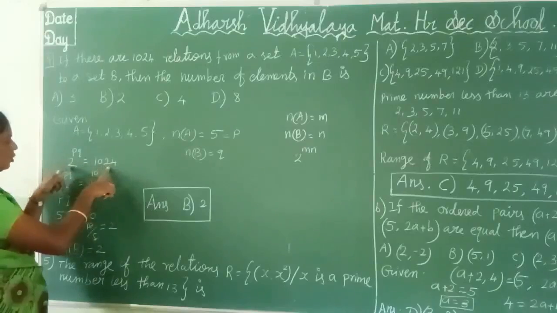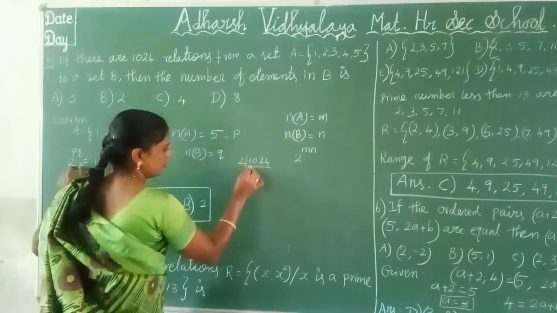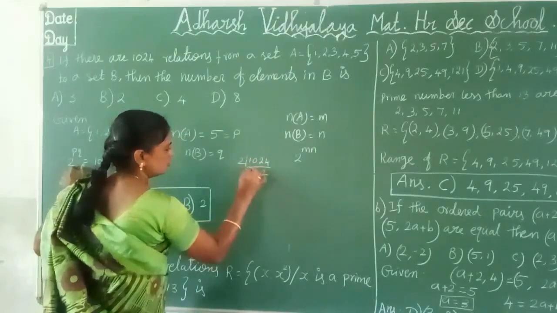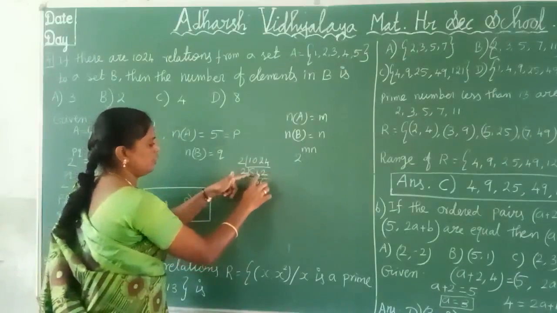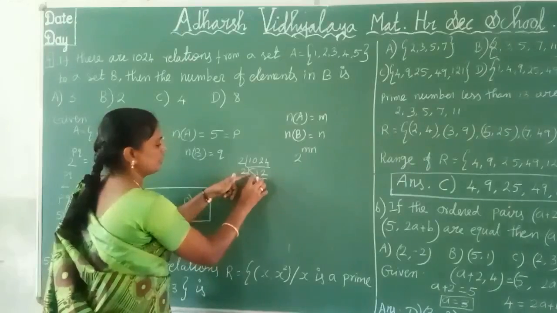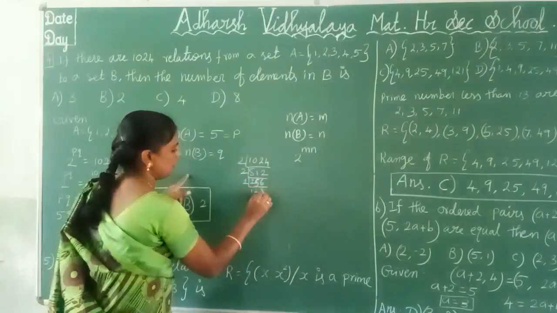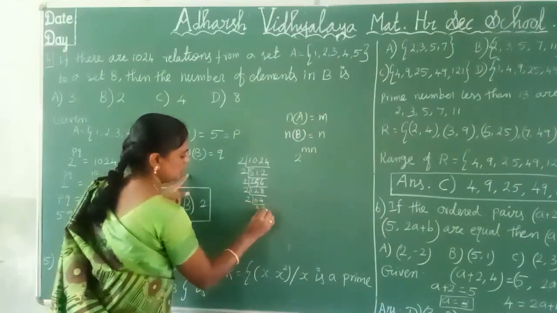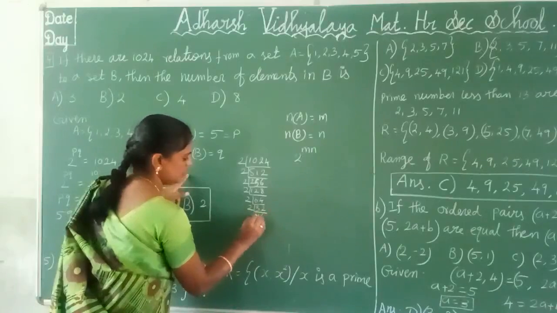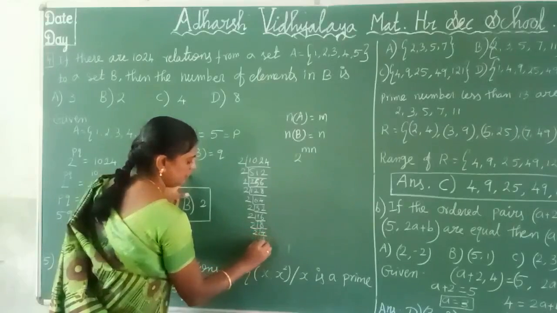1024 we also make into a power of 2. Dividing 1024 repeatedly by 2: 512, 256, 128, 64, 32, 16, 8, 4, 2, 1.